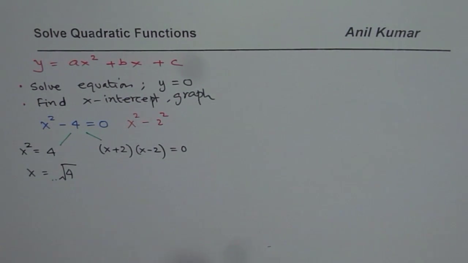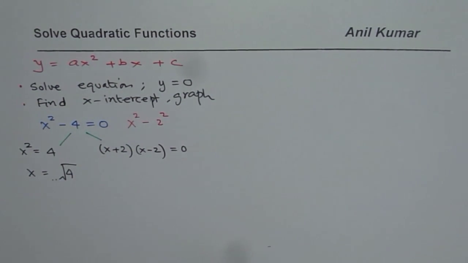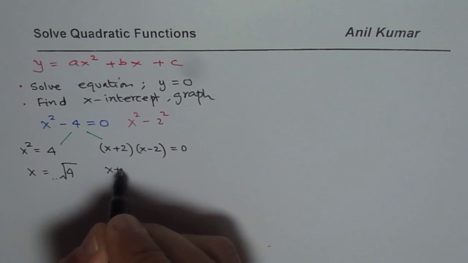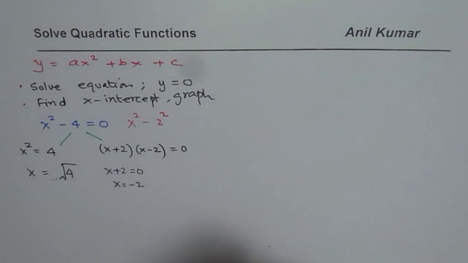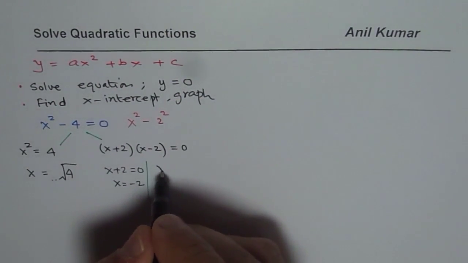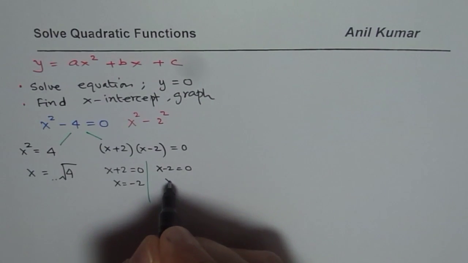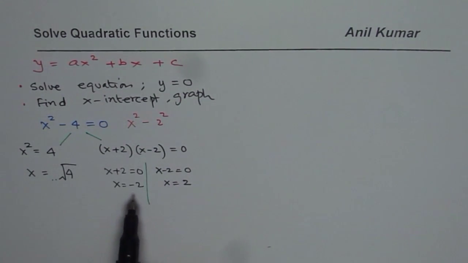Now in this particular case, to get 0, we have to equate each factor to 0. So we get x plus 2 equals 0. That will give us x equals minus 2. Or we could do x minus 2 equals 0. That will give us x equals 2. So we get two solutions. Do you get it? We get two solutions as plus and minus 2.